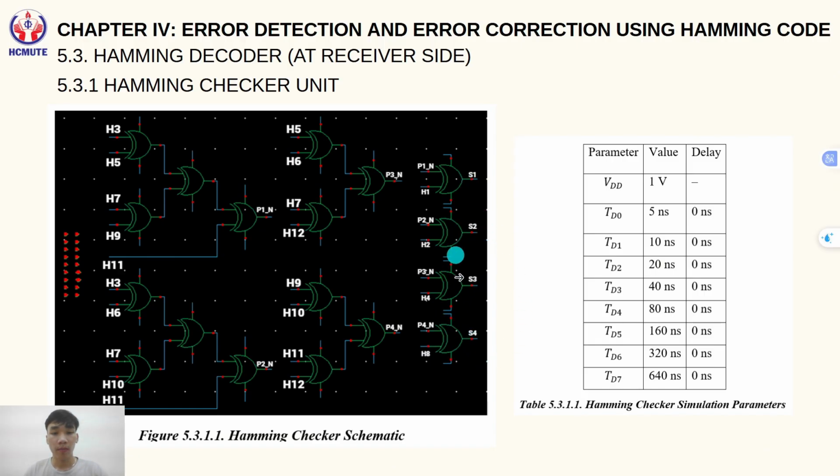And the syndrome combination S4, S3, S2, S1 indicates the position of the error in the 12-bit sequence. If S equals 0, no error occurred during transmission. Otherwise, the binary value of the syndrome corresponds to the index of the error bit.